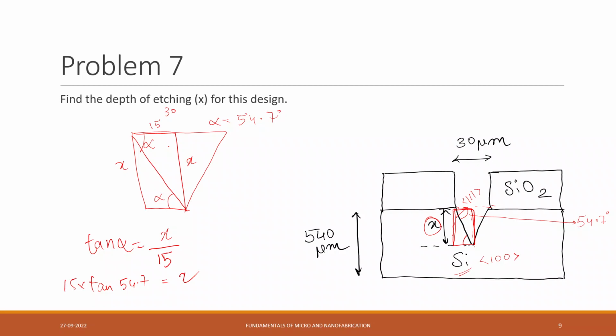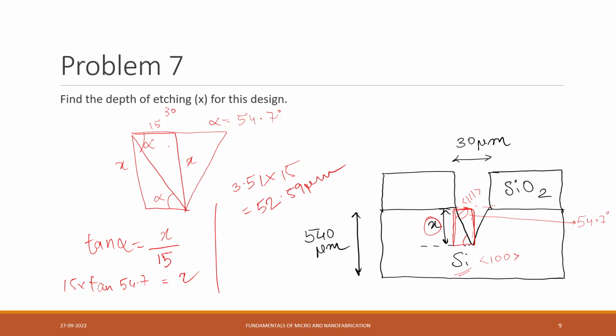So tan 54.7 is coming out as 3.5, into... it will be around 52.59 microns.